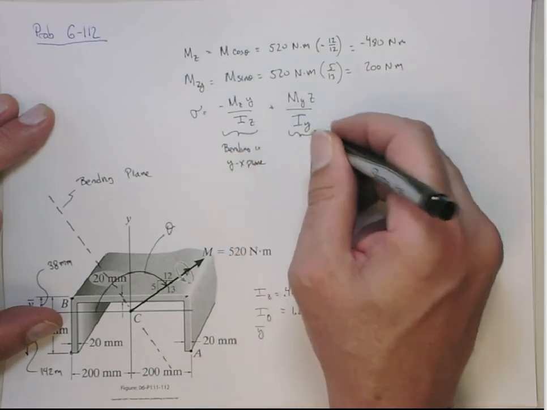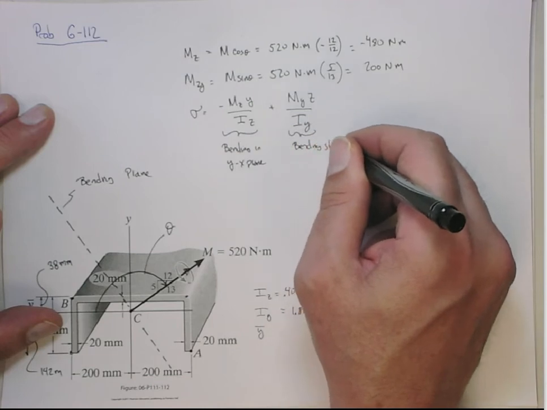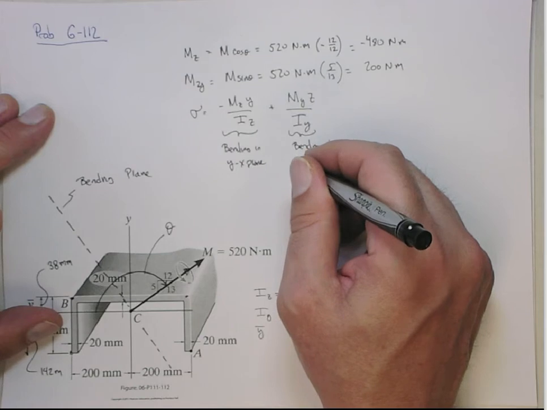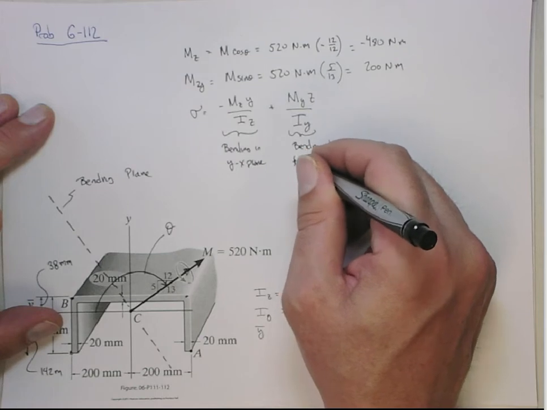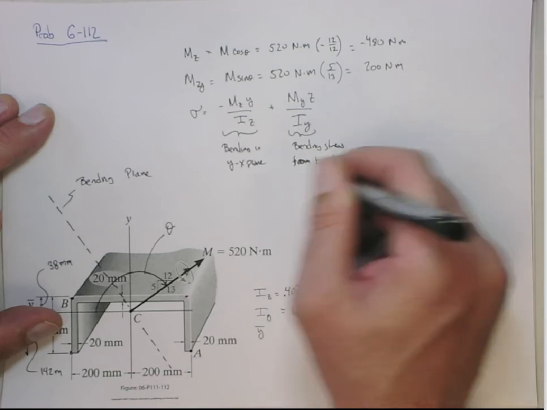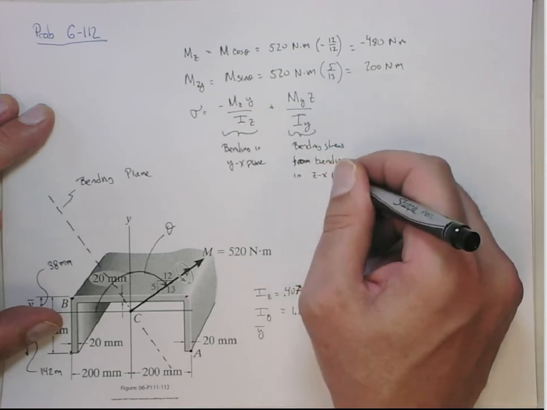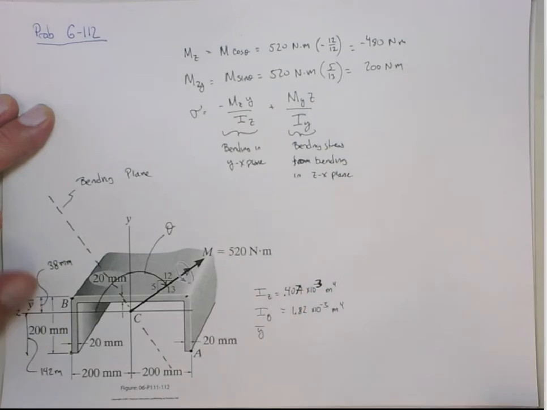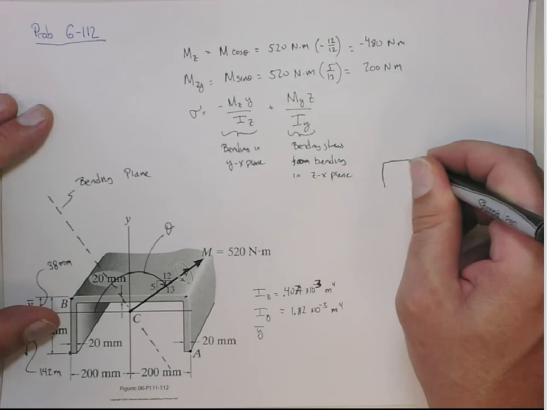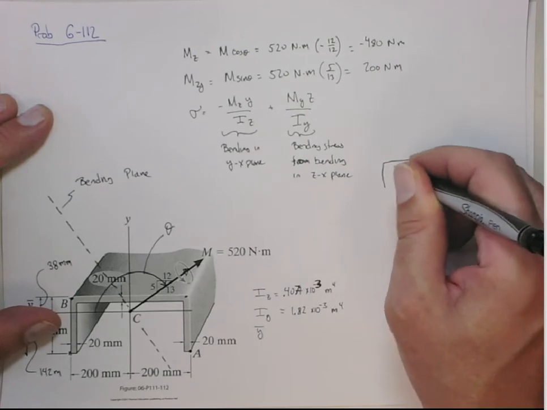This is the stress from bending, I should say, in the zx plane. So if I were to look at this section and draw it twice, what we're going to consider here is the superposition of the stresses.